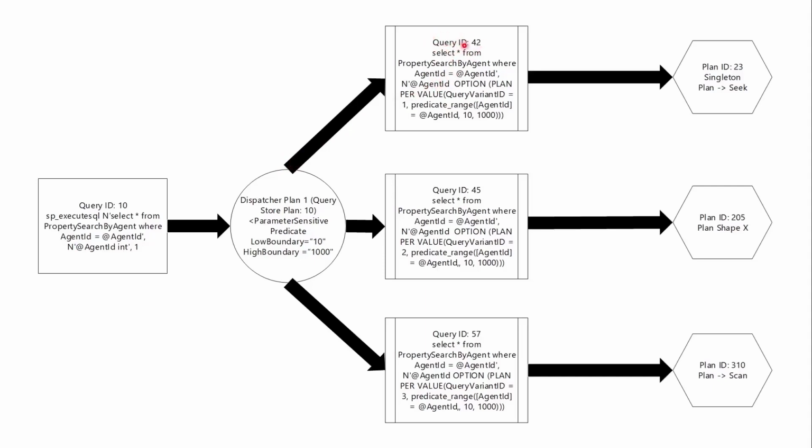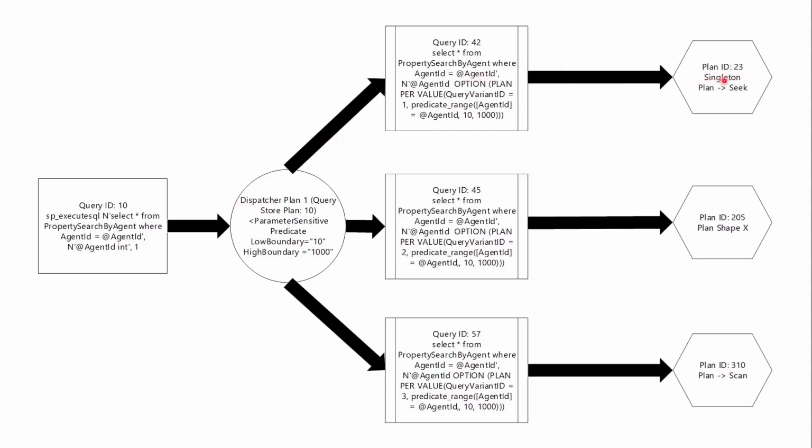This query variant will have its own query ID in the query store. You'll see the text. You'll see the additional plan that we inject. You'll see the predicate ranges that are part of the bucket. And in turn, this query variant will have its own query plan ID in the query store.